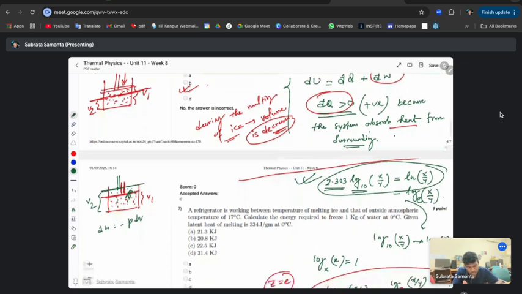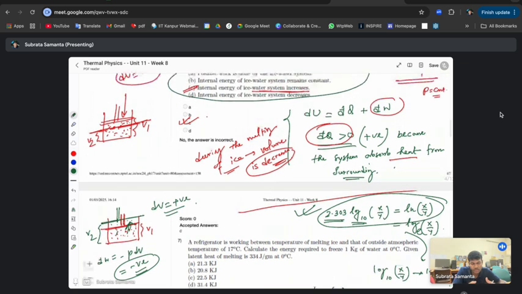Here dV is positive, so dW is negative. Compare these two scenarios. Is it understood, or is there any confusion?